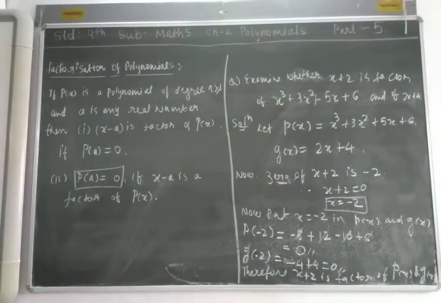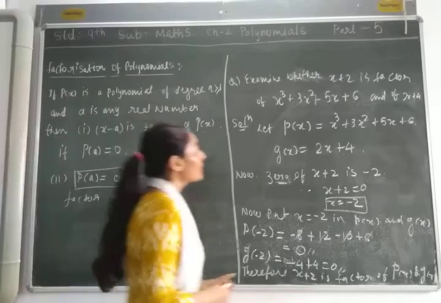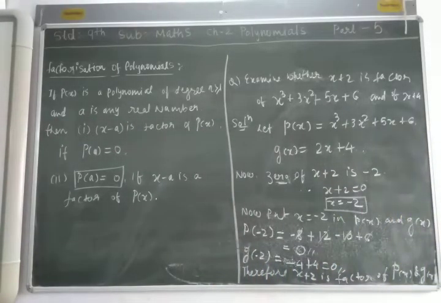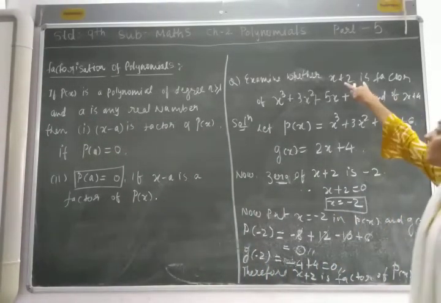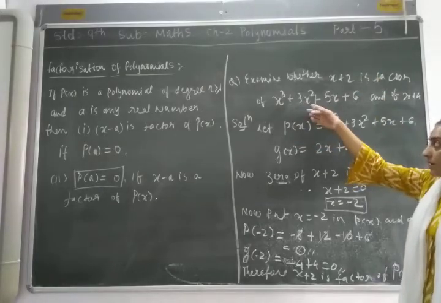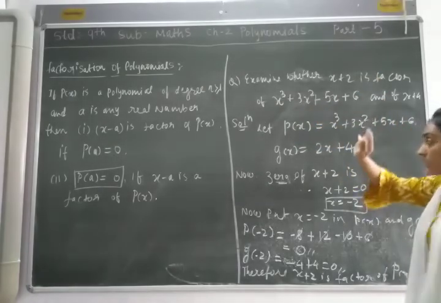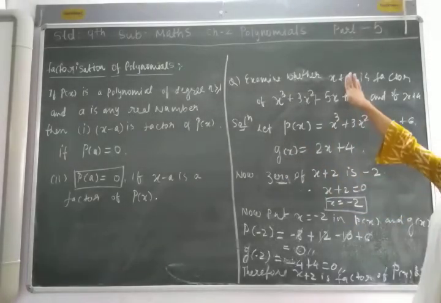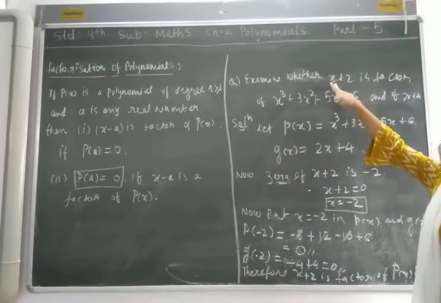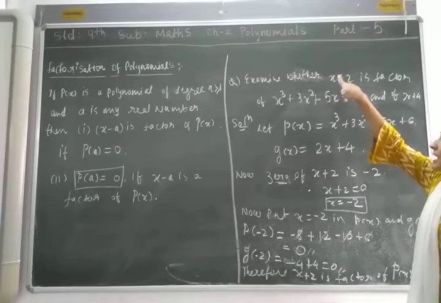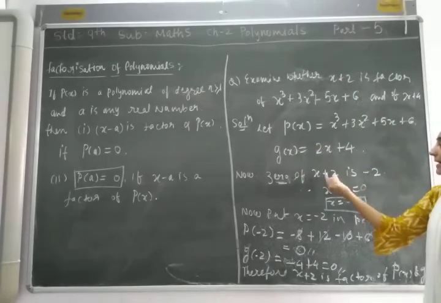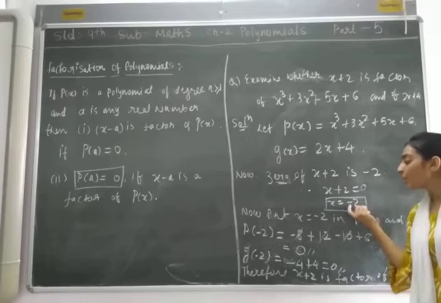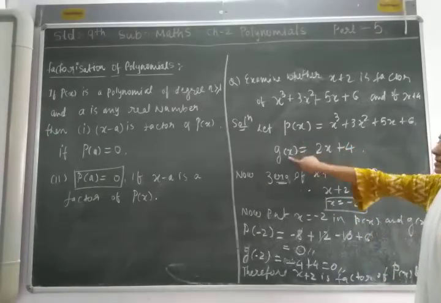Likewise, if we want to examine whether the given polynomial is a factor of another polynomial or not, we simply find the value of x first, and whatever value I am getting for x, I put that value in my equation.